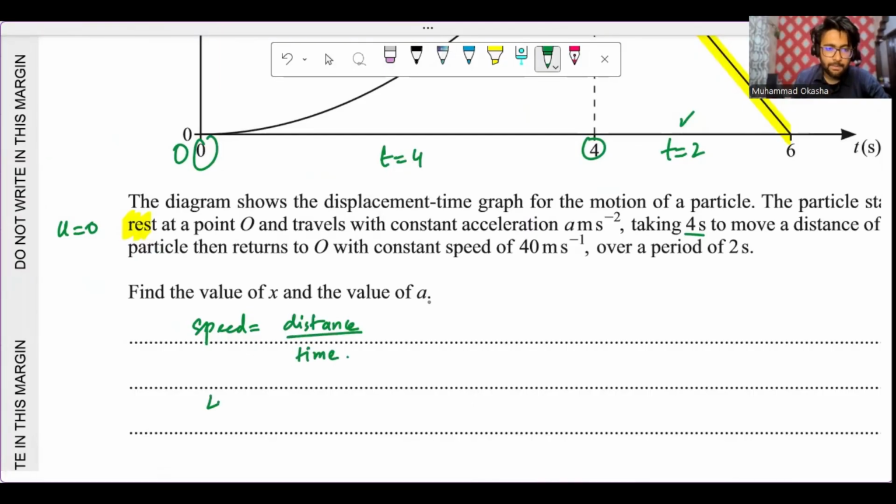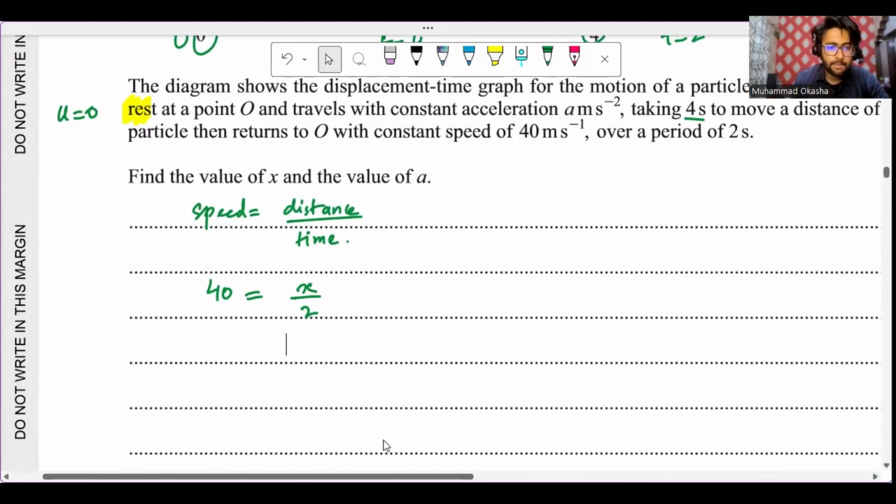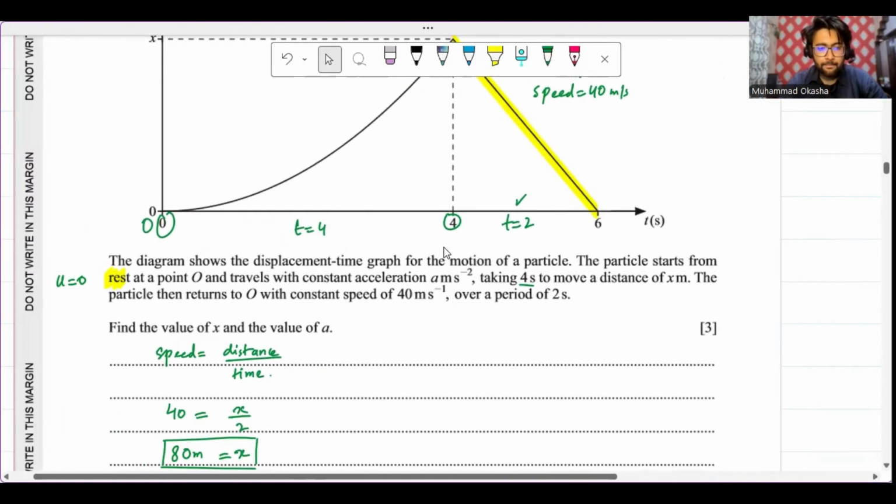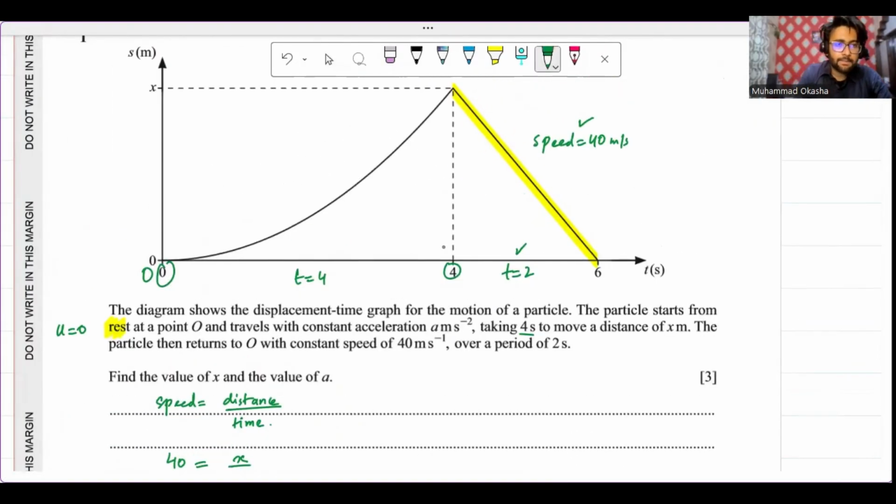Speed is 40, distance is x, and the time traveled is 2 seconds. So x is going to be 80 meters. That's the distance it traveled in 2 seconds. So the value of x is 80 meters.